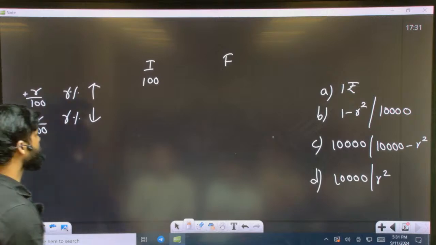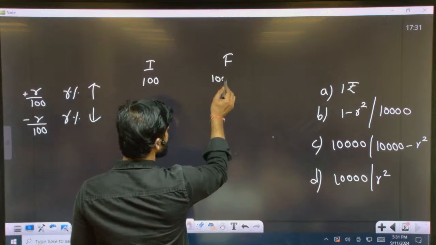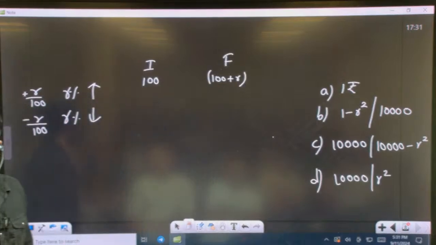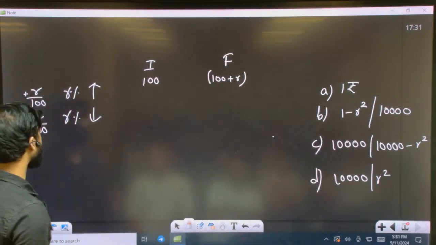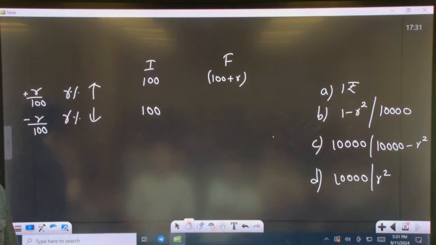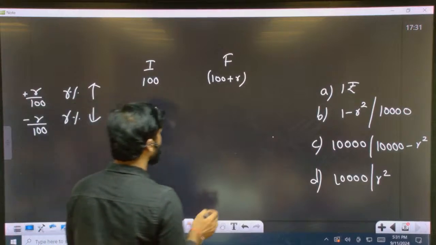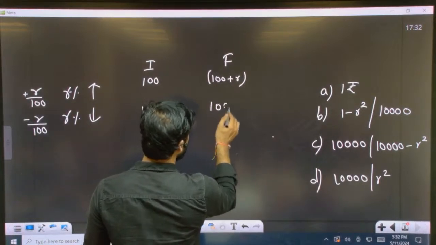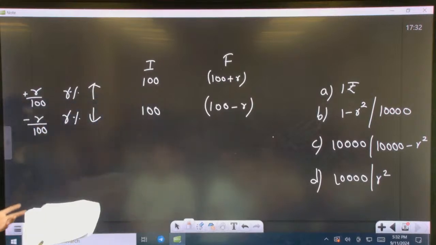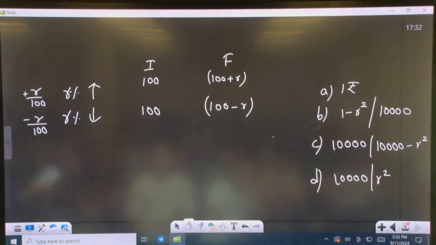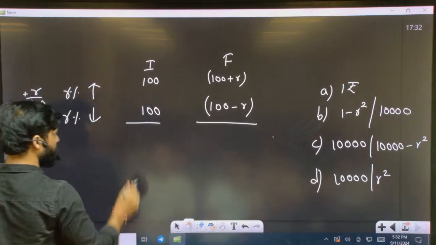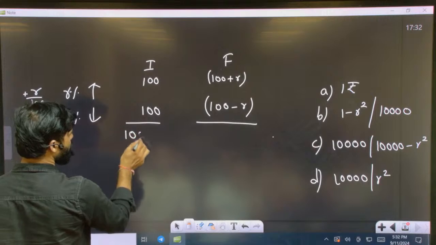And final value is 100 plus R. In the second case, the initial price was 100 units again, and the final price is 100 minus R. If there is any common, we can cut them, but there is no common, so we have to multiply initial values and final values separately. 100 into 100 will give us 10,000.